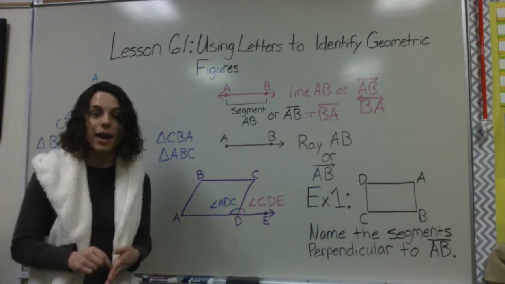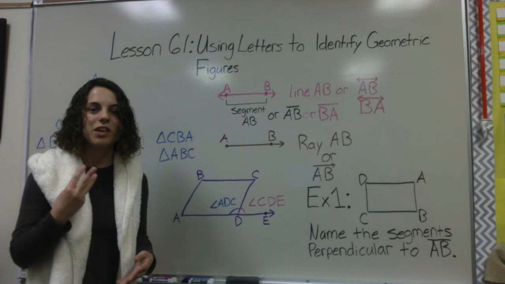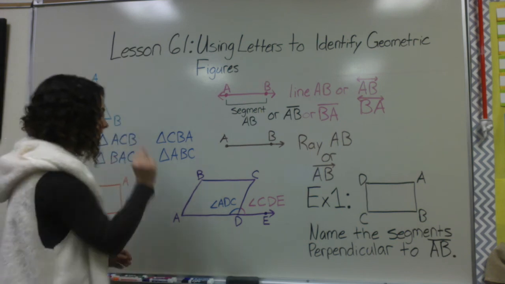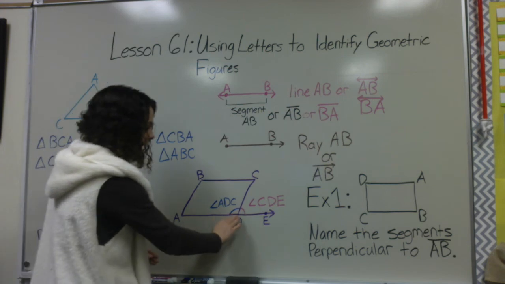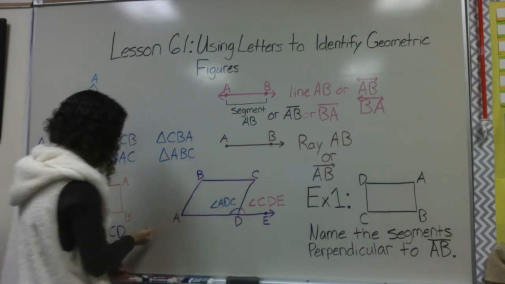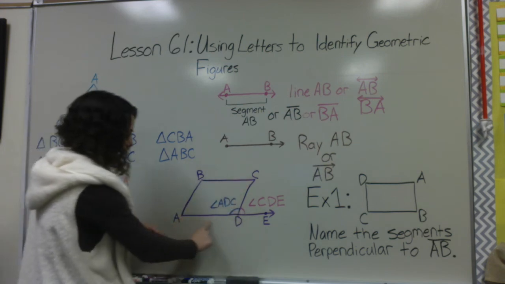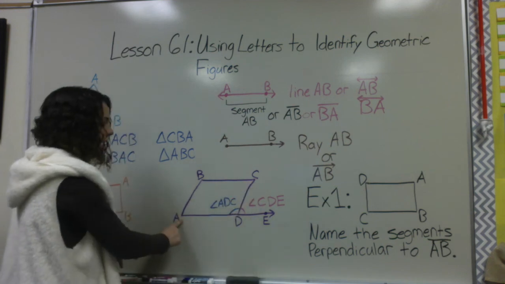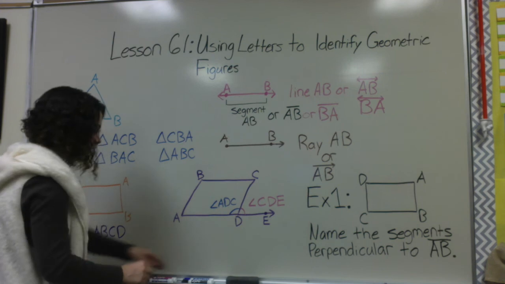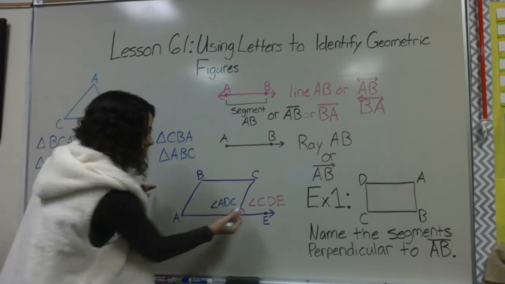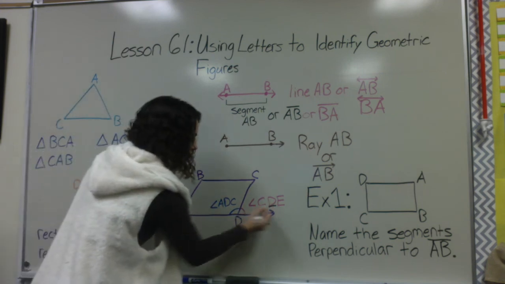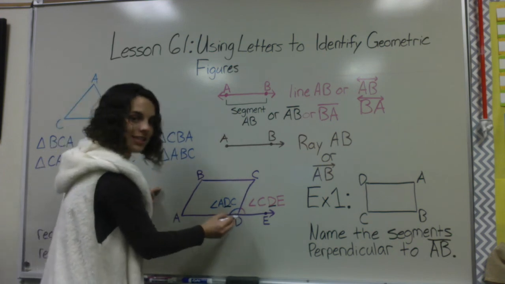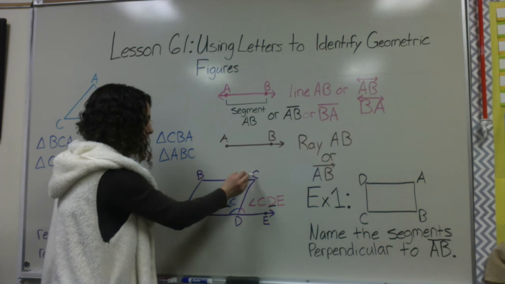So when I name angles, I have to actually use three letters. I'm basically drawing the angle using my words. So whether I start with ADC or CDA, I have to include all the letters. The letter that must be in the middle, notice, in both of these cases, is D, because I'm looking at vertex D, but I want to know which part of it.